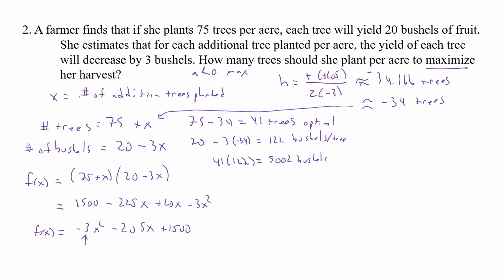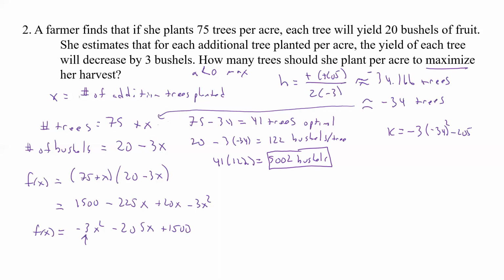All right. So that's going to get me the max number of bushels. But what if I just went ahead and solved for k? Well, that would also give me the max number of bushels, I hope. So let's see if it does. Minus 3 times, now I'm going to plug in a negative 34 and square that.